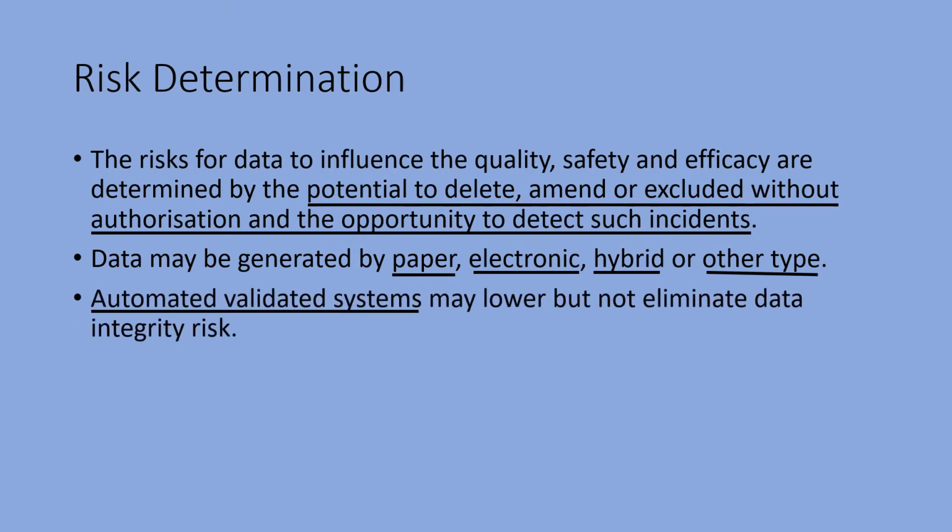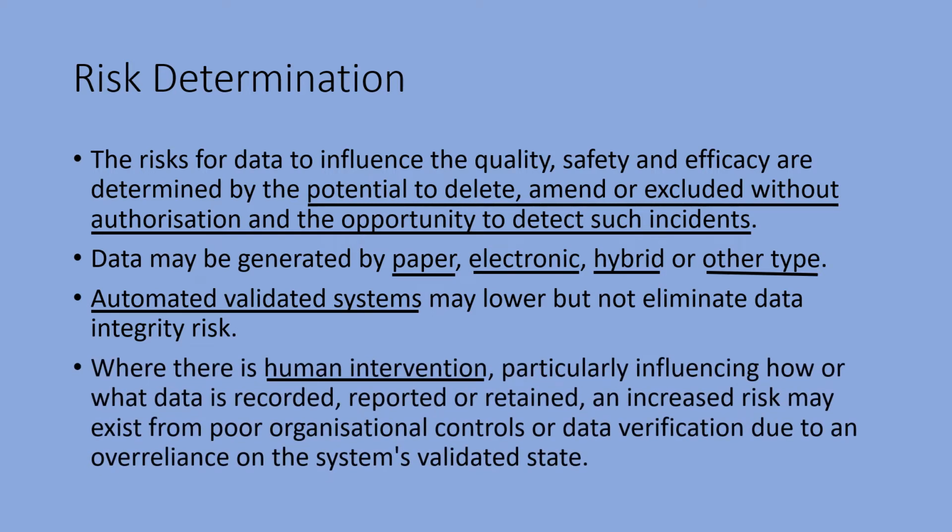Automated validated systems may lower but not eliminate data integrity risk. Automated systems are also not free from such potential anomalies, but the risk may be low because the controls are automatic.